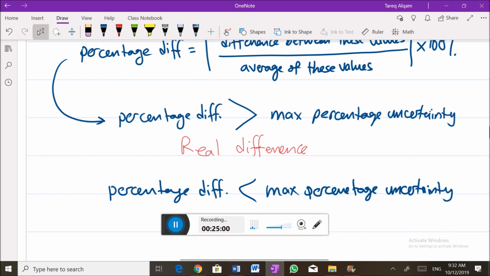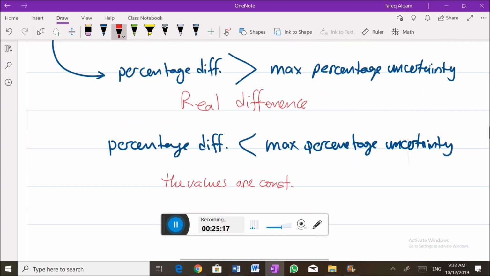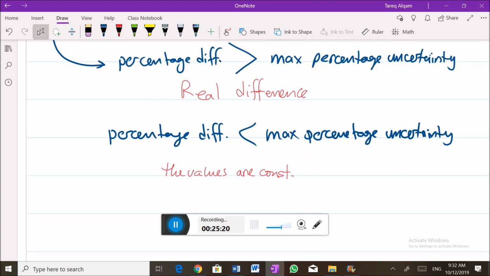If this percentage difference is greater than the maximum percentage uncertainty, this is a real difference. This is beyond the limit of experimental accuracy. Now, if the percentage difference is less than the maximum percentage uncertainty of these two points, this is within the limit of experimental accuracy, and this difference is not beyond the limit.